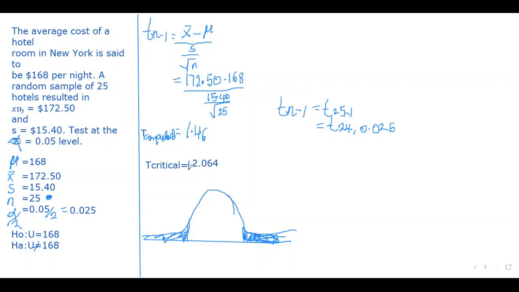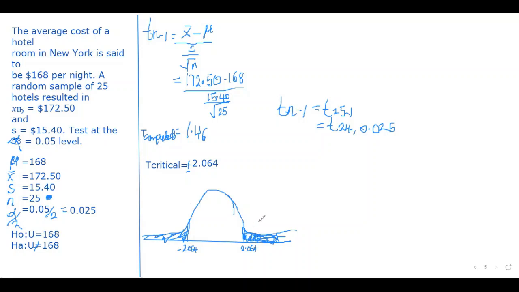So this is the critical value: negative 2.064 for this side, and positive 2.064 for this side.